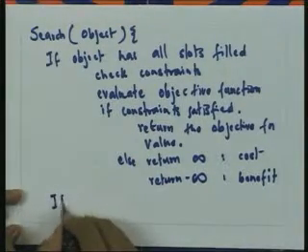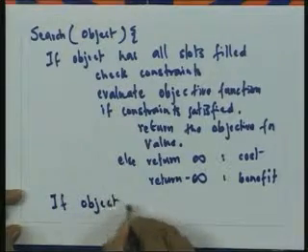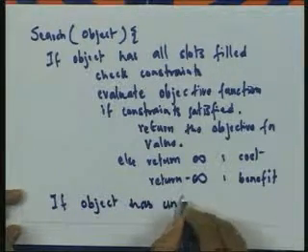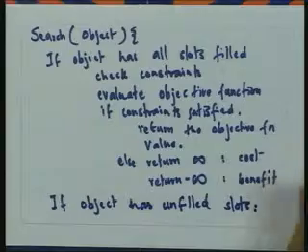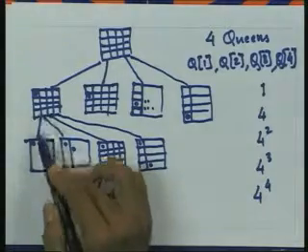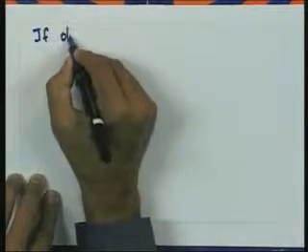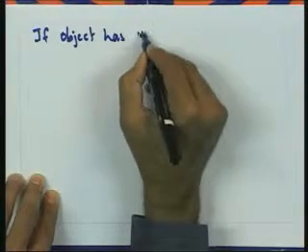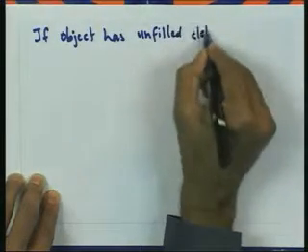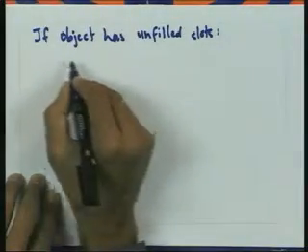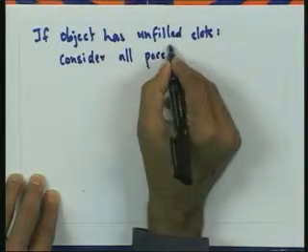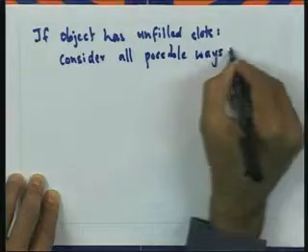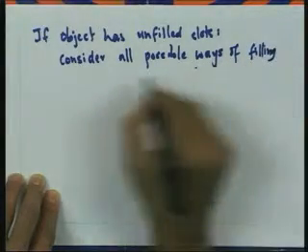If the object has unfilled slots, then what do we need to do? Well, we need to do this branching business, right? So this has unfilled slots, so we need to fill further slots. If the object has unfilled slots, we are going to consider all possible ways of filling the next slot.